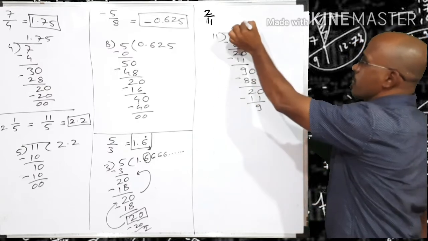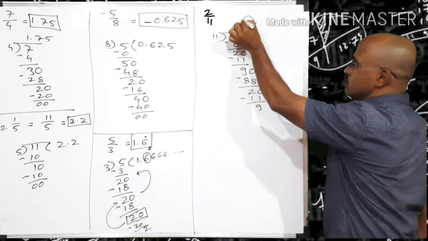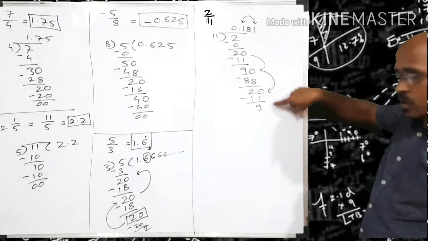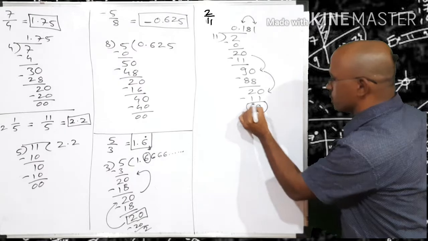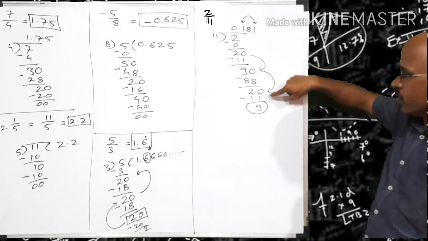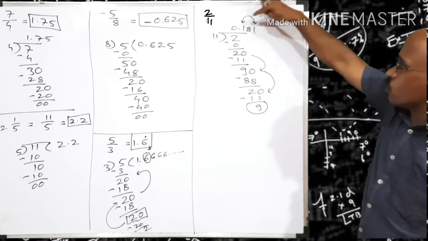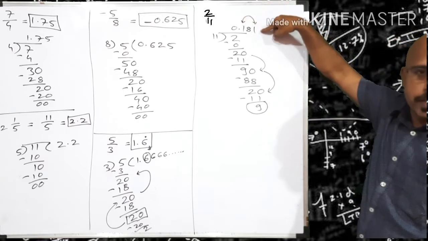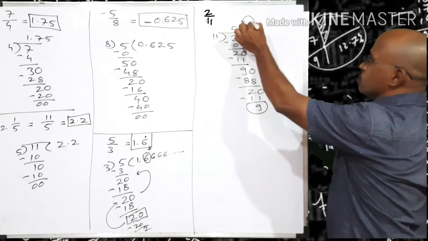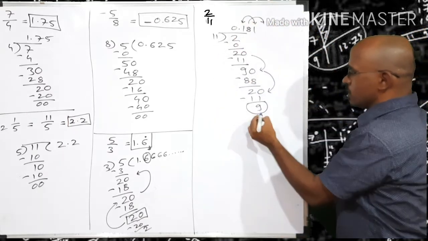Means what happened? This quotient also repeated, right? Quotient 1 is repeated. After that quotient, this remainder 9 is also repeated. Here 20 minus 11, 9 was there. Here also 20 minus 11, 9 is there. So the quotient is repeated, the remainder is also repeated. So the next quotient is also going to repeat, right?